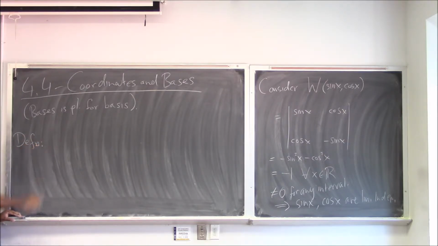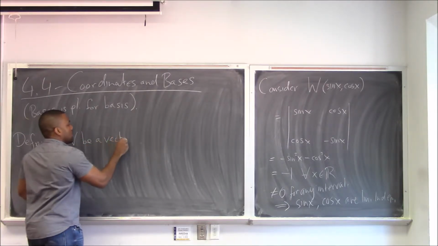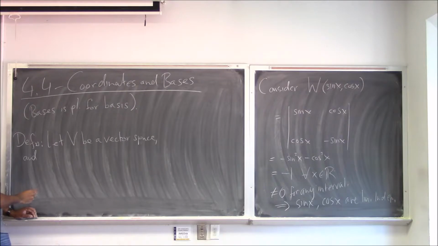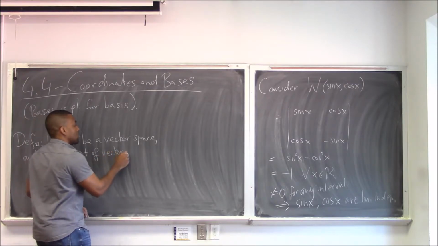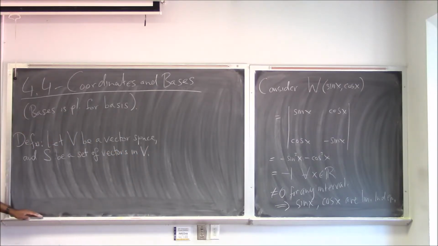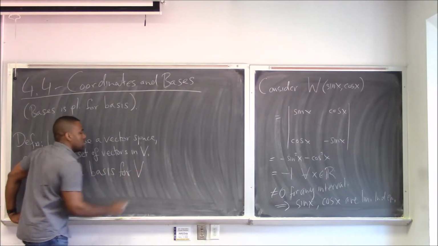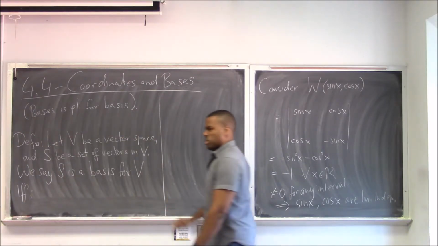Definition. Let V be a vector space, and S be a set of vectors in V. We say S is a basis for V if, does anyone know?